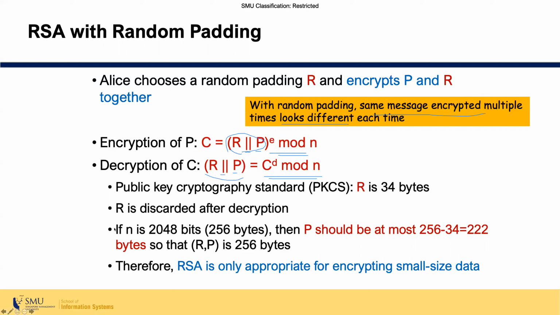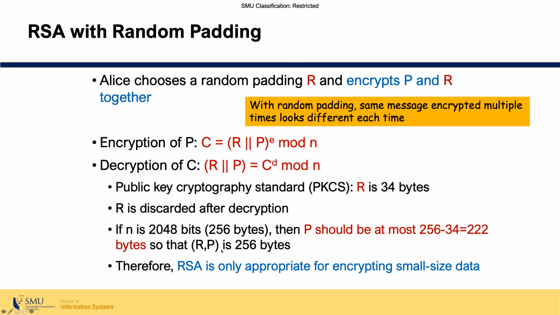It means that to get back the original plaintext value, you need to discard part of the decrypted value, which is simply a matter of removing the very first set of bytes, equal to the size of the random padding that you used. According to the public standard called PKCS, the size of the random padding that you use is 34 bytes.